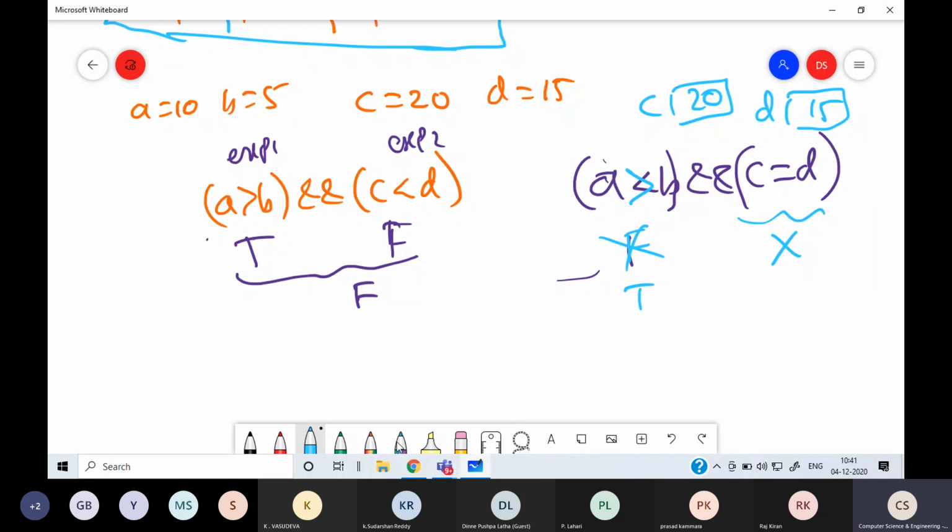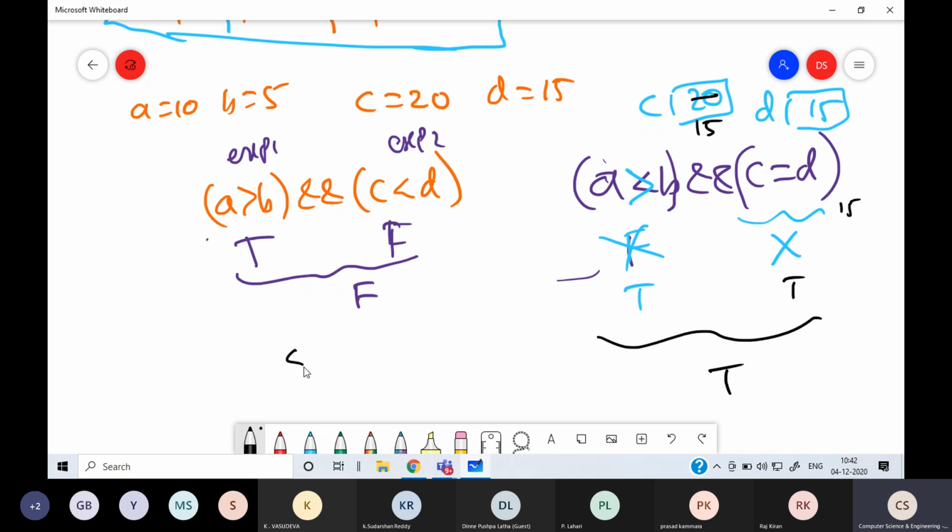When it is evaluated, 15 is assigned to C, and the result of this is 15. 15 is true. Both are true. The result of this expression is true, and C is also going to be changed to 15. These kinds of expressions are very common, and you have to evaluate them carefully.